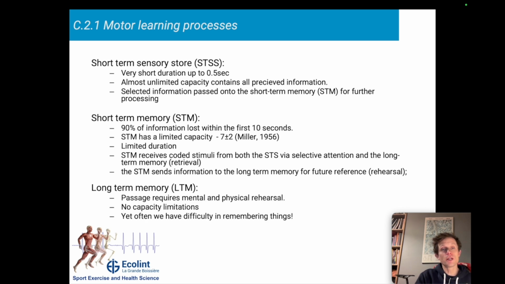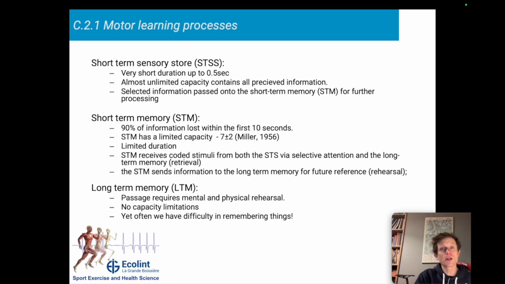The long-term memory in this instance is where our long-term information of past experiences are stored. In order for information to be moved from the short-term memory, or in Welford's model, the decision-making process, we need to physically rehearse, or we need to decide upon that particular action.